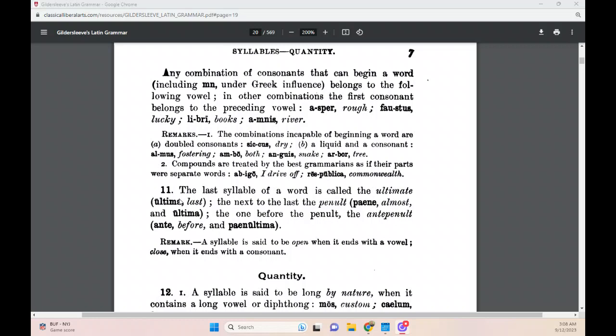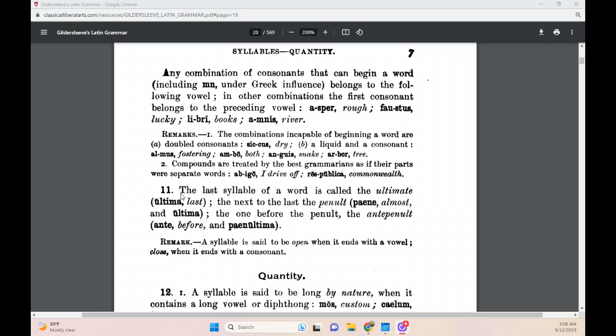So let's say we divide a word into syllables. Let's say there are three or more syllables. How do we refer to those different syllables? If I want to talk about one of the syllables, how do I name the different syllables? That's what we learn here in Article 11.